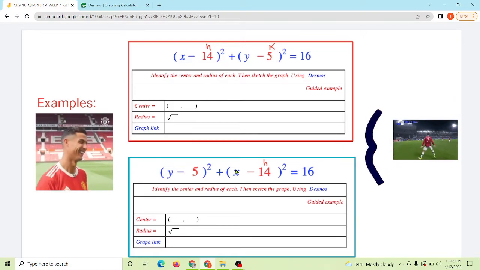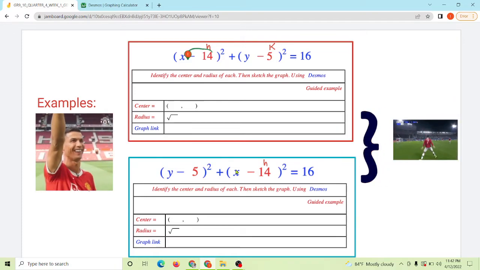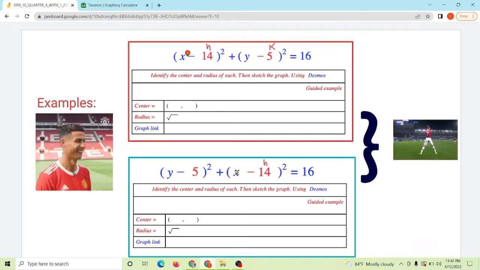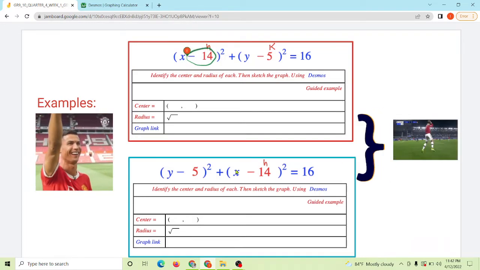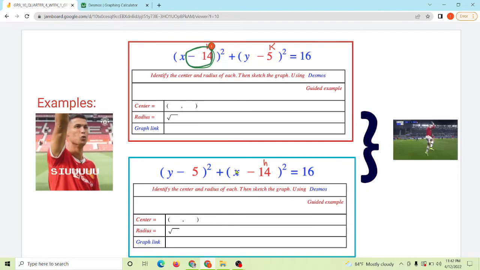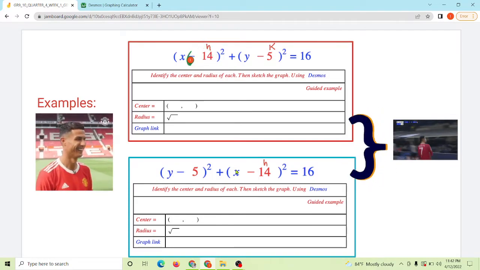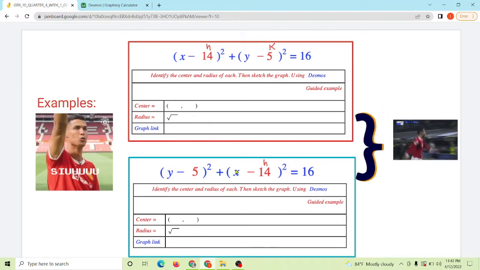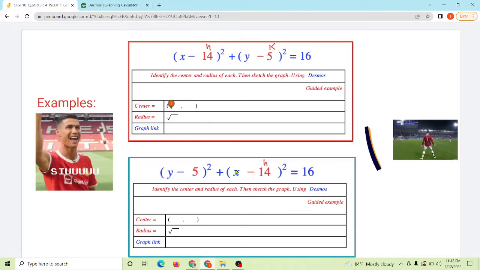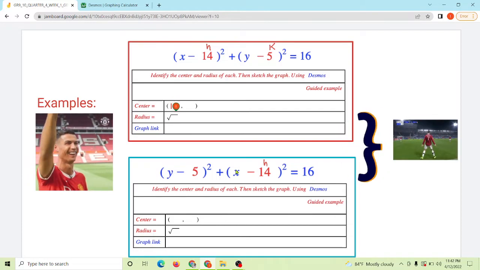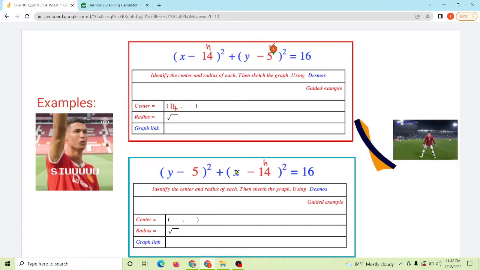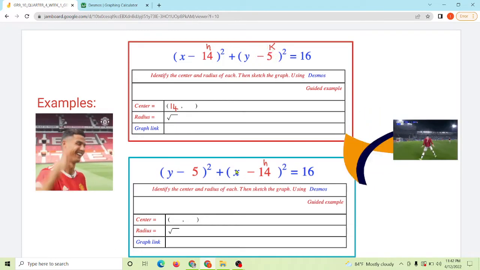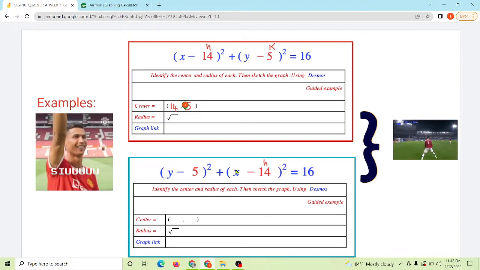Remember this negative is part of this 14, so it's negative 14. Now we're going to take the additive inverse of negative 14. So what's the additive inverse of negative 14? Well, that is just positive 14. In other words, the opposite. So the opposite of negative 14 is positive 14. Now what's the additive inverse of negative 5? That is just positive 5. And there's my center, 14 and 5.